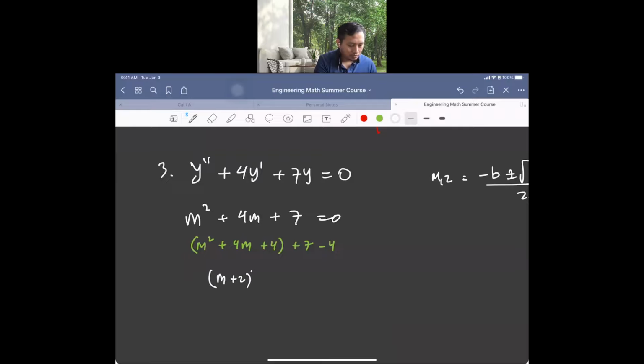This will be (m plus 2) squared plus 3 equals 0.